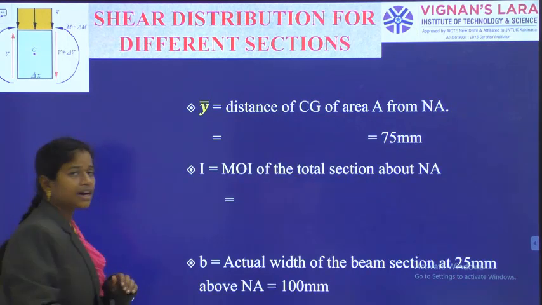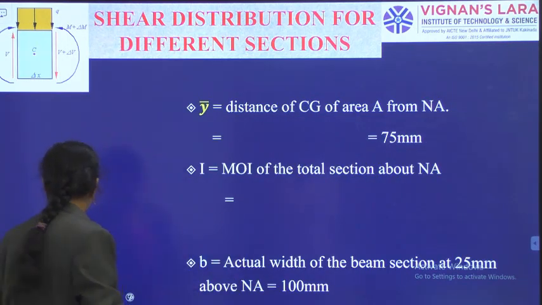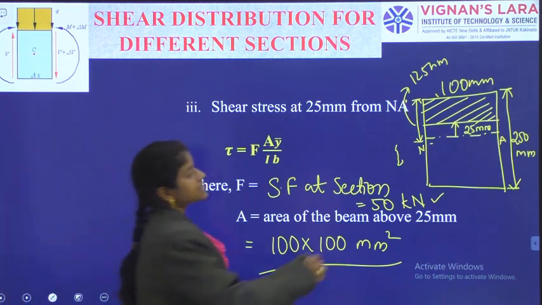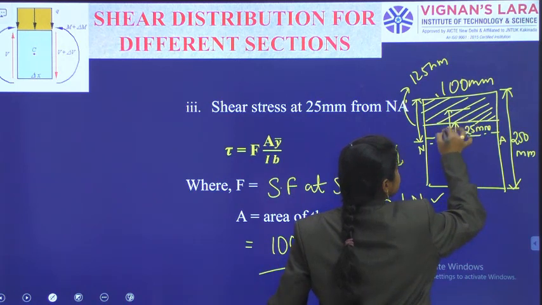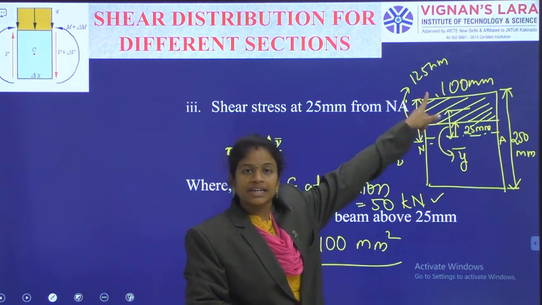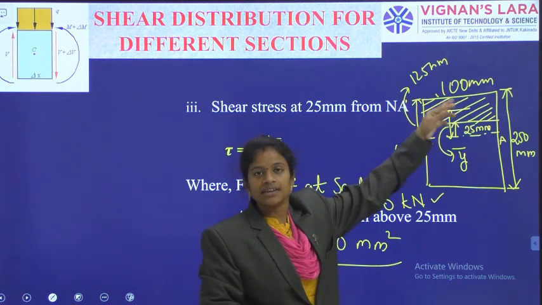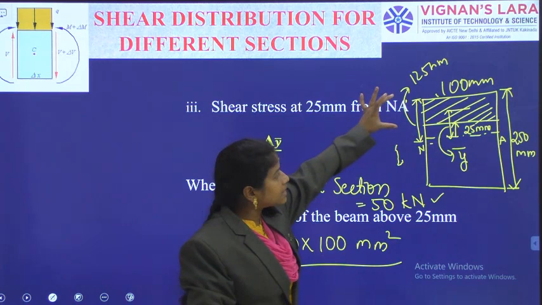And then Y bar. What is the meaning of Y bar? Y bar is the distance of the center of gravity of this shaded portion from the neutral axis. So this is my Y bar, from the center of gravity line of the rectangular shaded portion to the neutral axis. How will I calculate it?